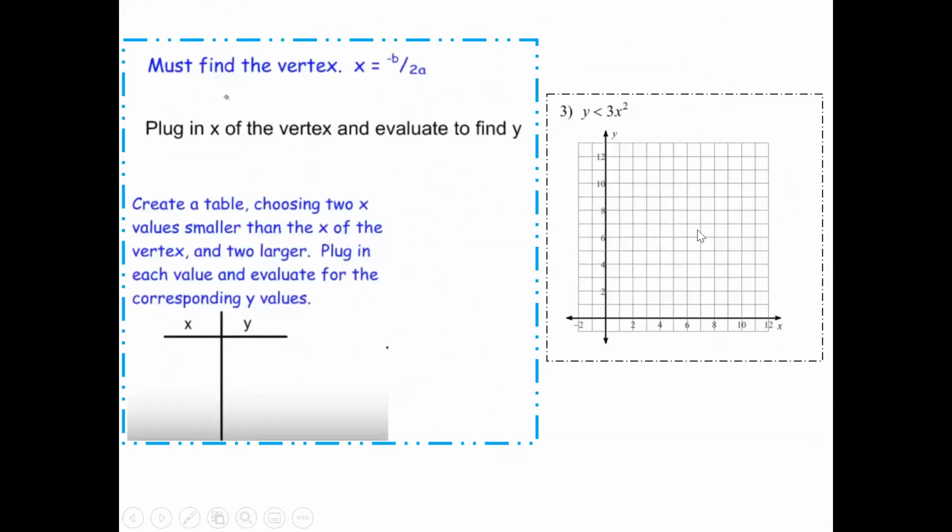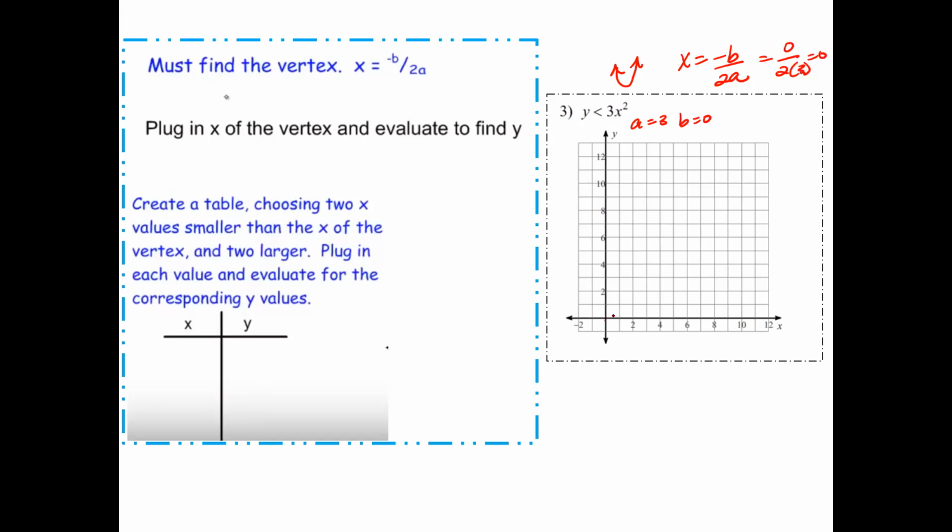Question number 1, y is less than 3x squared. So you know it's going to be a happy face parabola. And remember with this one, you want x is equal to negative b over 2a. Well, your a is 3, your b is 0. So 0 over 2 times 3 is 0.